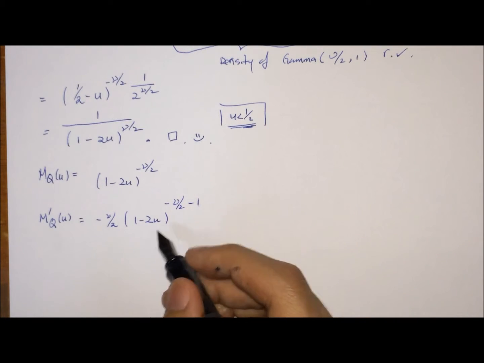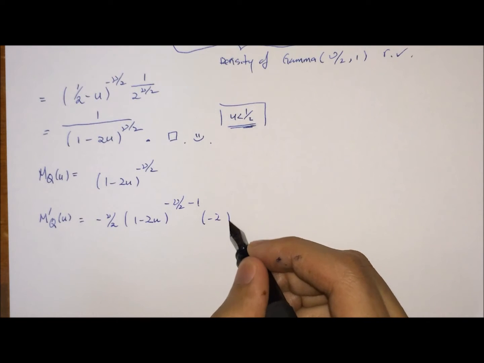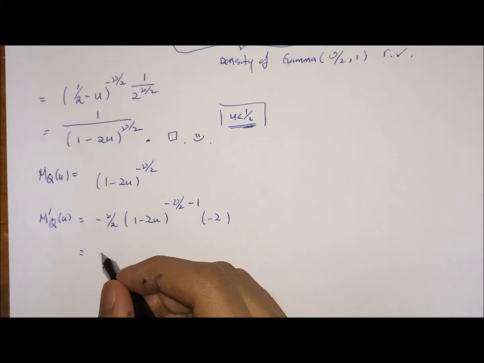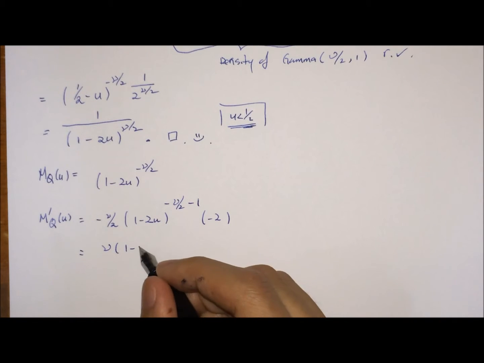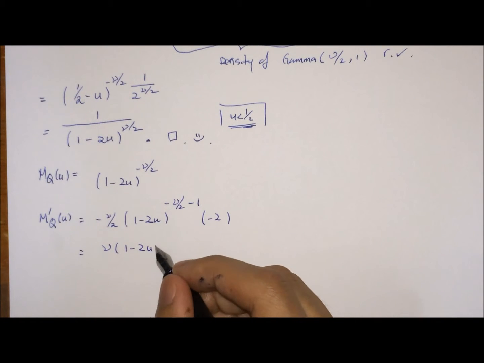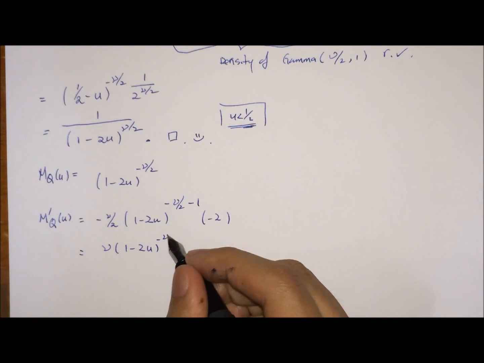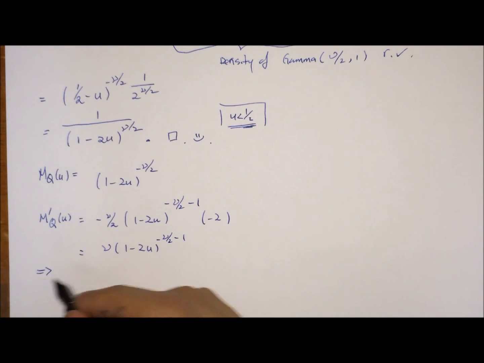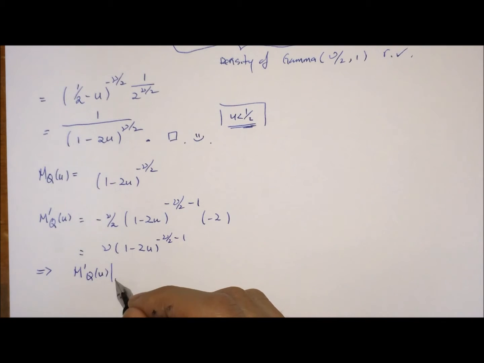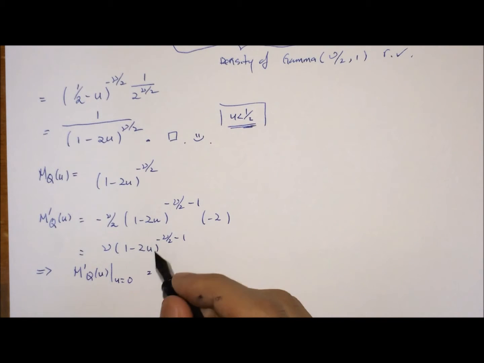You got to differentiate against u, so you have minus 2. So this is going to be nu multiplied by 1 minus 2u to the minus nu on 2 minus 1. But therefore, this tells me the first derivative of the moment generating function at u equal to 0. When you substitute u equal to 0, this is 0, so you simply get nu.